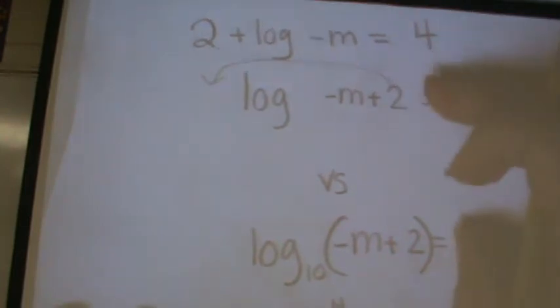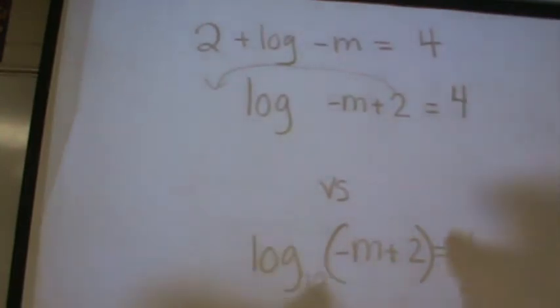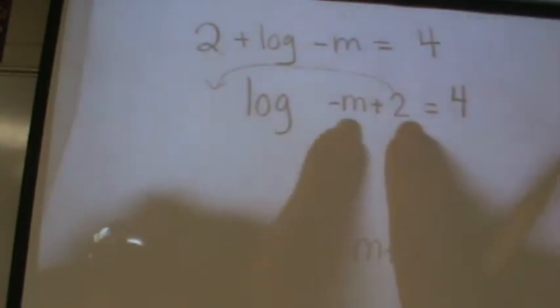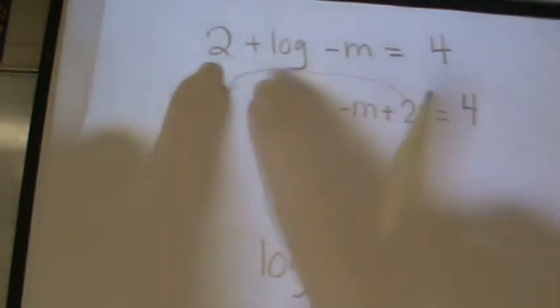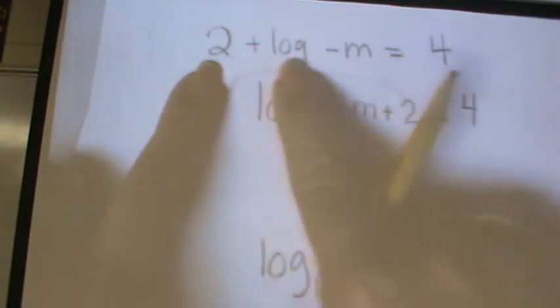Even though this was not the problem, I wanted to show you the difference between whether there's parentheses or not. Now, I'll tell you what most books will do. If it's not including this, so as to not trick you, they'll write it this way. Isn't it a lot clearer?